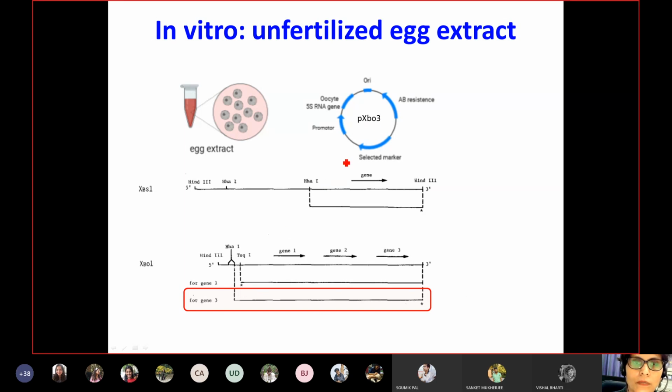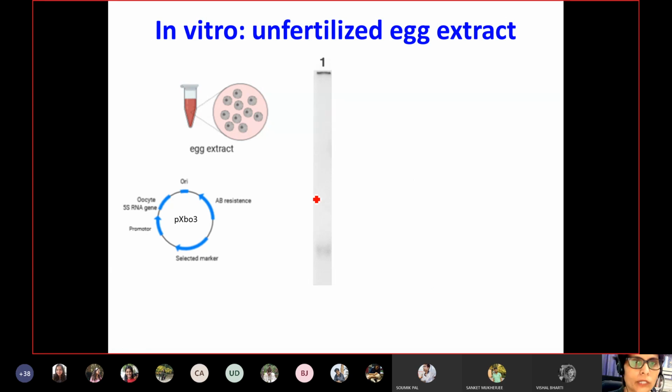So when they mixed the unfertilized egg extract with this gene, in the in vitro transcription they saw that there was no activation. Obviously, because the unfertilized egg is transcriptionally inactive, there is no transcription of the 5S gene in lane 1.